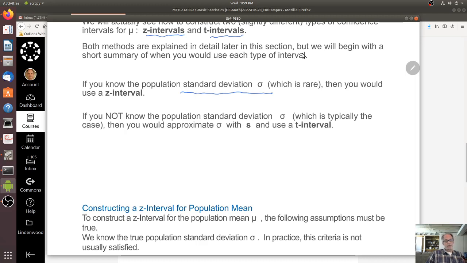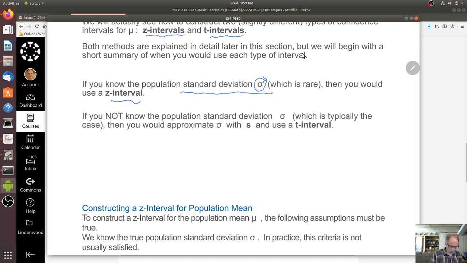Sometimes people just know it if they're doing long-term studies, they know it from past experience, but it's still rare. In any case, if we are given the standard deviation of the population, normally not known, then you would use Z statistics or a Z interval. And in real life, that's going to be very uncommon. But in this class, it'll be 50-50 because we're covering both of them.